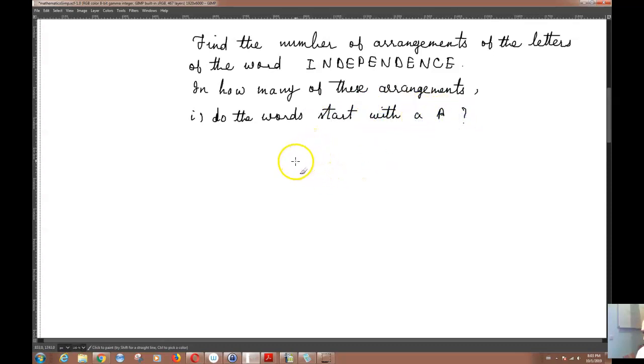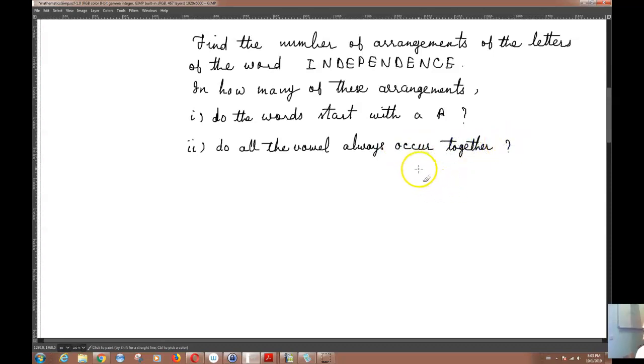Or do all the vowels always occur together? Or number 3, do the vowels never occur together?